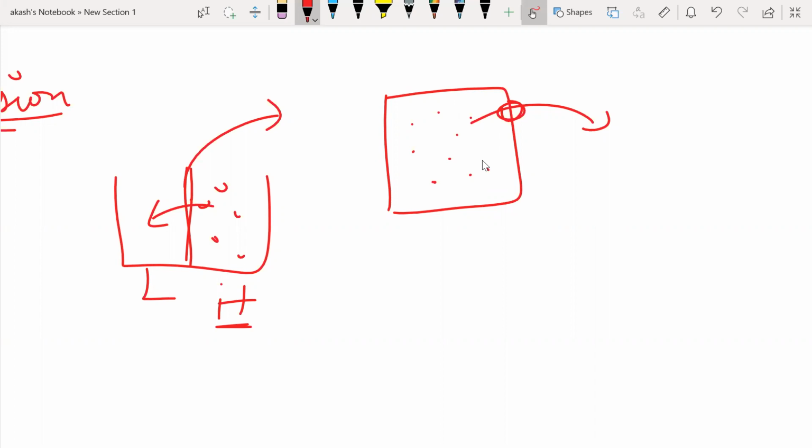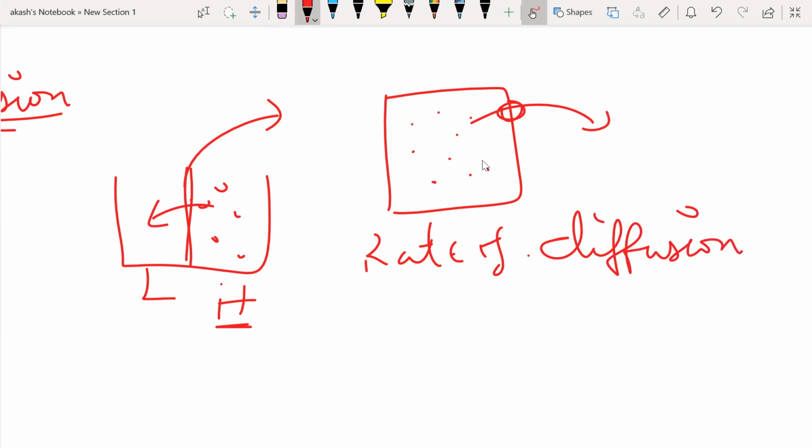Okay, right. We are going to see what are the factors which are going to affect the rate of diffusion.